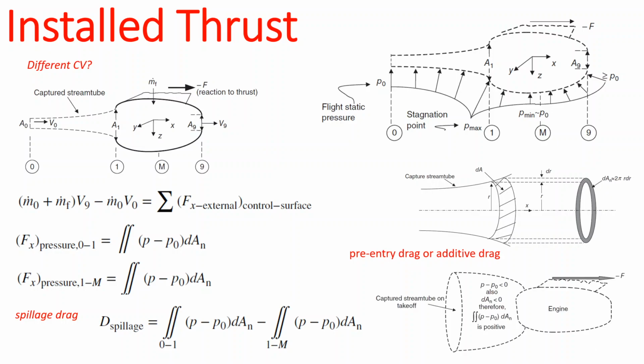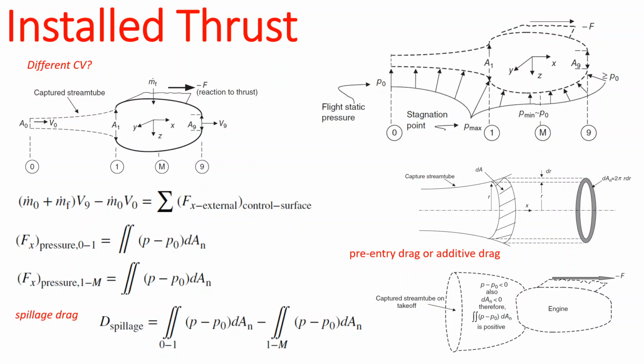But then the question may become, what will happen if your P is smaller than P naught? So what will happen to that pre-entry drag? It is essentially going to be exactly the same thing, because when your P is smaller than P naught, it means that your area is becoming smaller.